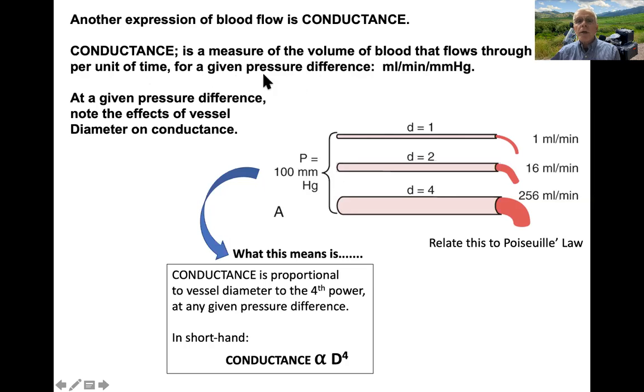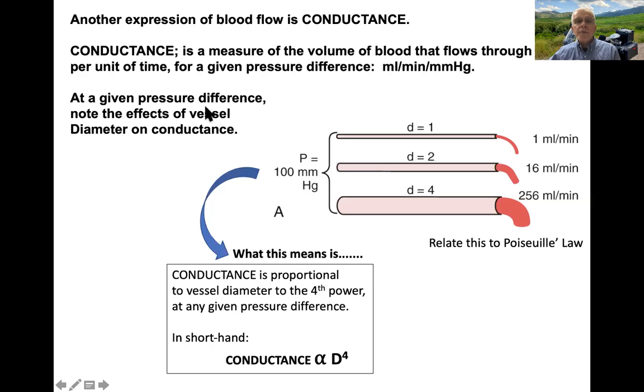If the pressure difference between the left ventricle on the left side of the heart and the right atrium on the right side of the heart is 100 millimeters of mercury pressure, and I assume it's constant for calculation, then how much blood is being conducted through the body? Well, the example I just gave is about 5 liters per minute, okay?